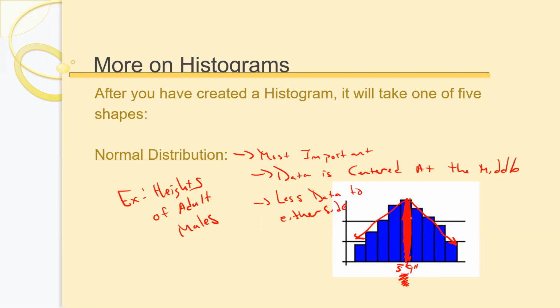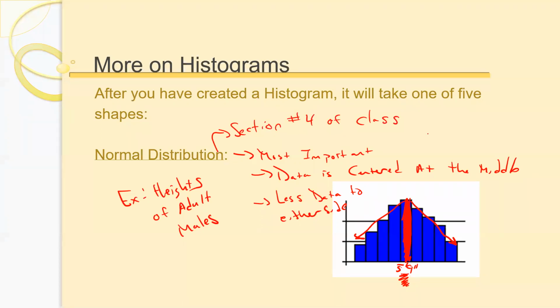No, as you get taller and taller, there are fewer people. And it's the same thing on the other side, right? There are adult males who are 5'5", 5'4", 5'3", but the number of people of that height gets smaller and smaller as you get further and further from the center. This distribution is what we're going to study in section number 4 of our class.